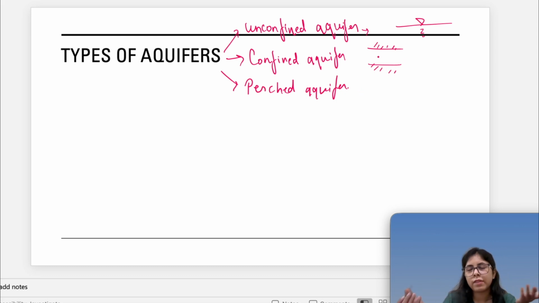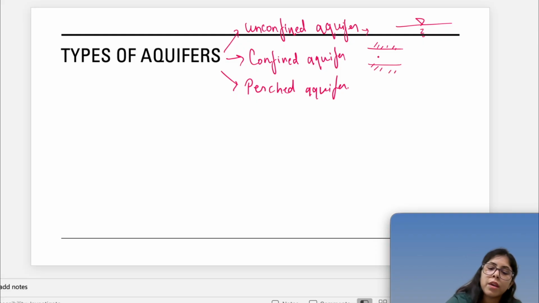Even if we have a confined or unconfined aquifer, in between the aquifer, if there comes an impermeable layer, then we call it a perched aquifer. It will be semi-permeable with a porous medium, but in between there will be an impermeable layer. So these are the types of aquifers.